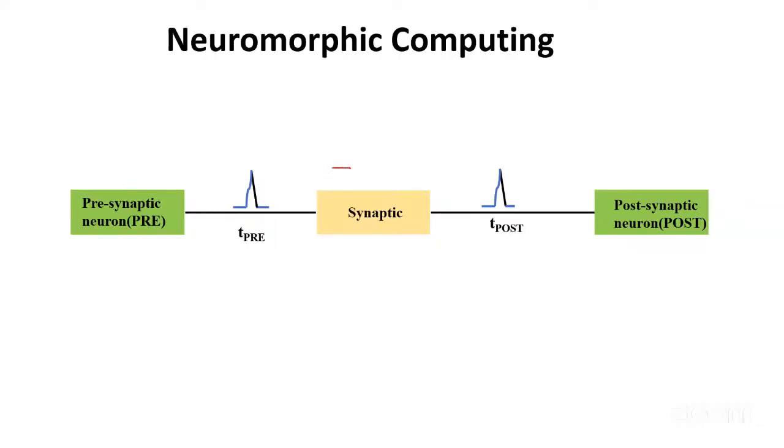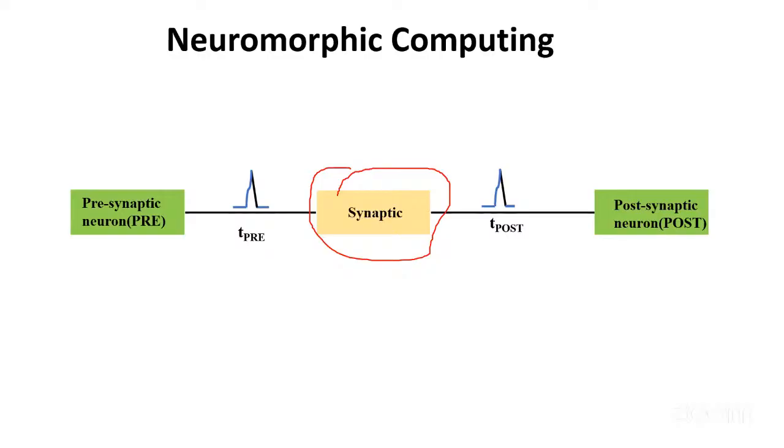This history-dependent behavior is important, because the synapse cannot be implemented using DRAM and SRAM; these traditional memories are volatile and do not store the history.